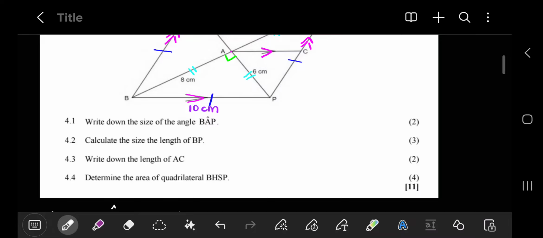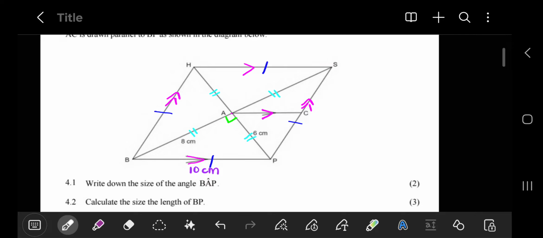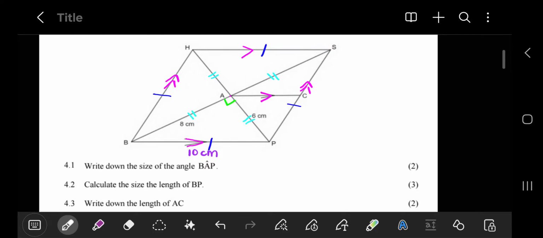Now 4.4 says determine the area of quadrilateral BHSP. So BHSP is the entire shape, and we need to get the area of this shape. So you guys, we're going to be smart about how we do this. You do not have a formula for the area of the rhombus. It's not a common thing that you do. But what I need you guys to notice is that we know that the diagonals bisect at 90 degrees.